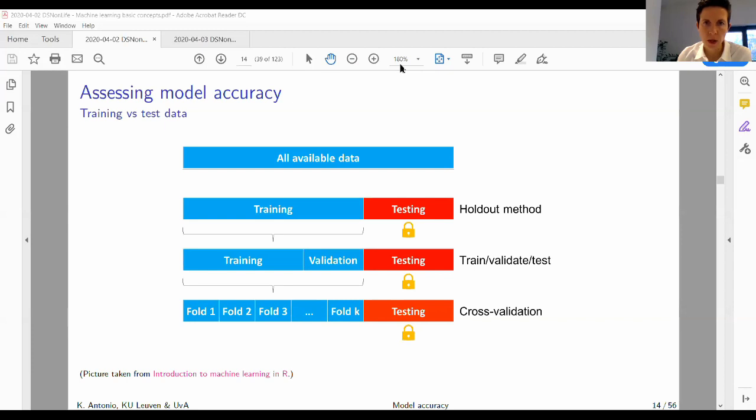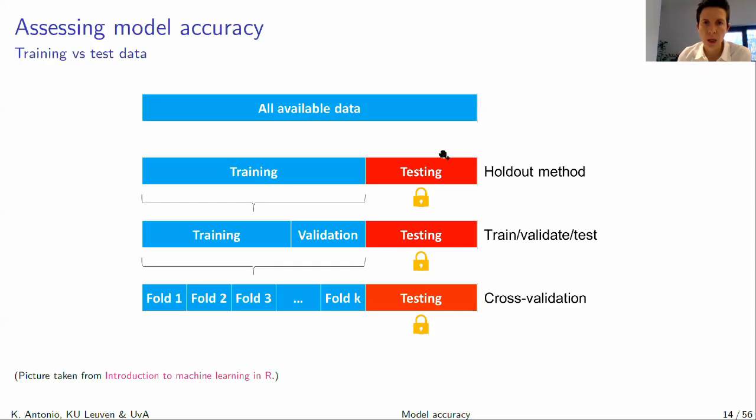Right. That's okay. Good. So what I was about to say here is, if we look at this scheme, I think it's useful to look back at this graph now that we understand what k-fold cross-validation and so on is. So a typical approach that we take is we take all the available data, we put part of it aside as test data. So that could be 10%, could be 20%, whatever.